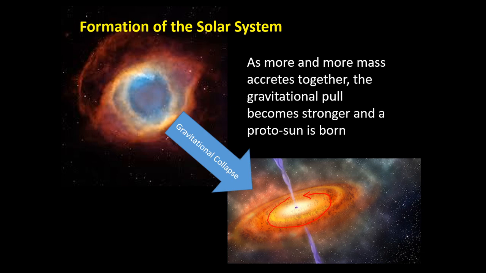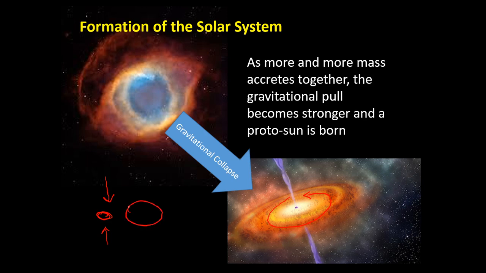So as more and more mass accretes together, accretes means comes together, the gravitational pull becomes stronger and stronger and stronger. A proto-sun is born, because basically what happens is, remember, mass attracts mass. So let's say you start off with a little ball of hydrogen. Well, when it starts off with a little ball of hydrogen, the gravitational force is maybe small, like that.